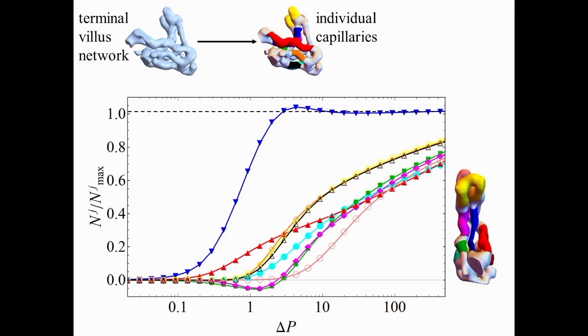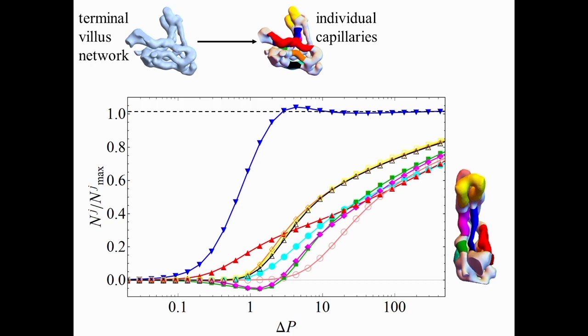This is a plot of solute transport for 9 individual capillaries, N and J, scaled by their respective transport capacity, plotted over inlet-outlet pressure drop just as before. You can see that the scaling is different. One big difference is that it's non-monotonic. In fact, you can have strange-looking things potentially, like a dip below 0 for certain capillaries, and a rise above the transport capacity for a capillary.